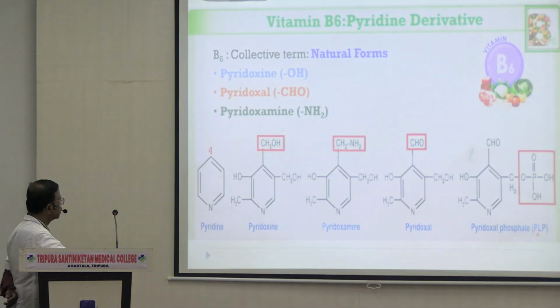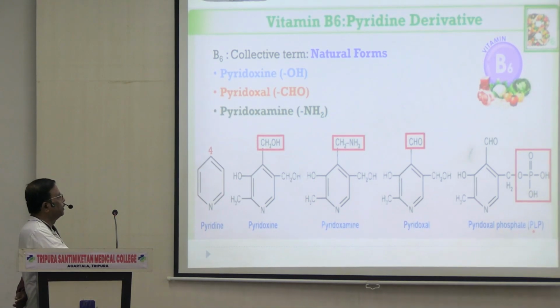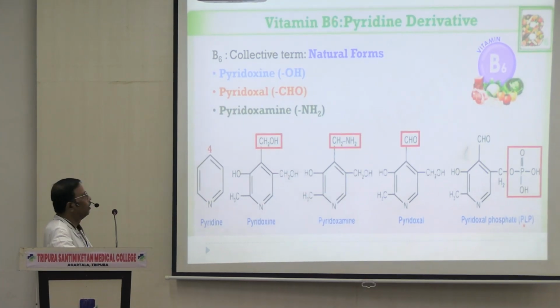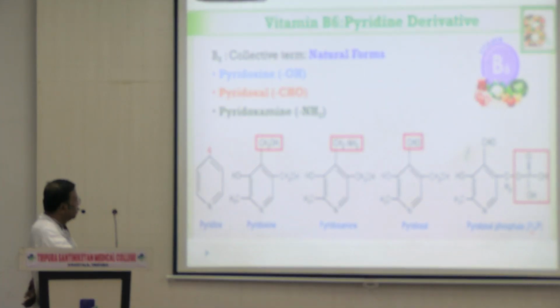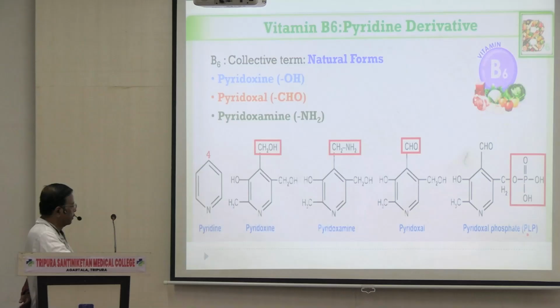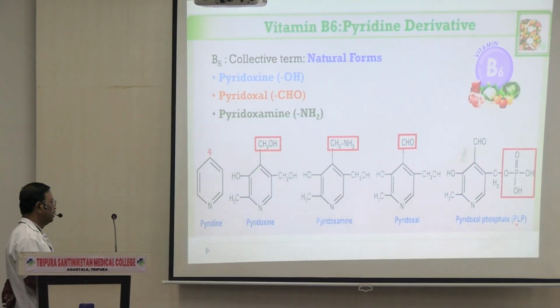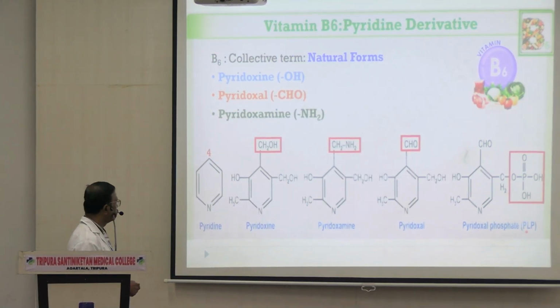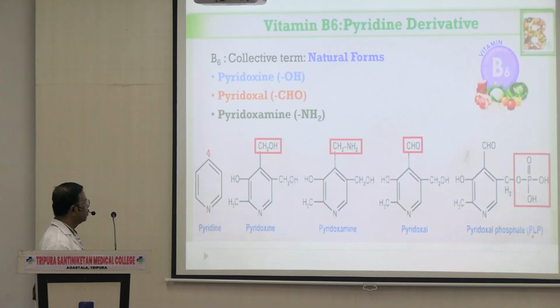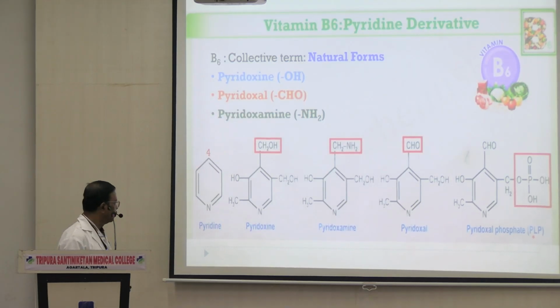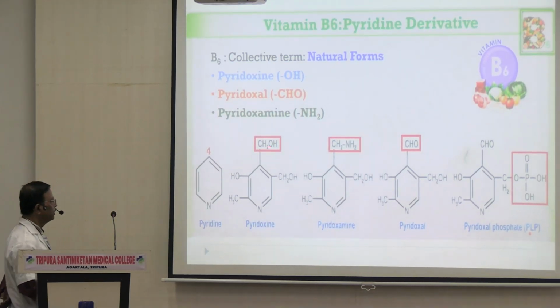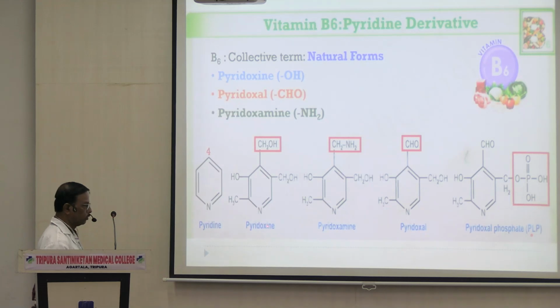So this is the structure of vitamin pyridoxine. It has a pyridine ring, and its type depends on the functional group attached to the fourth carbon of the pyridine ring. When it is an alcohol group, it is pyridoxine.